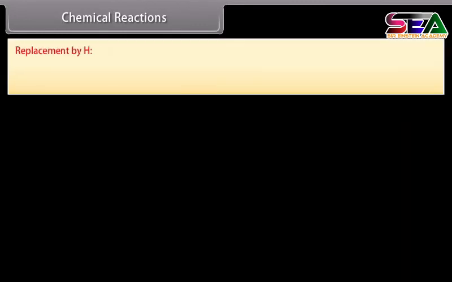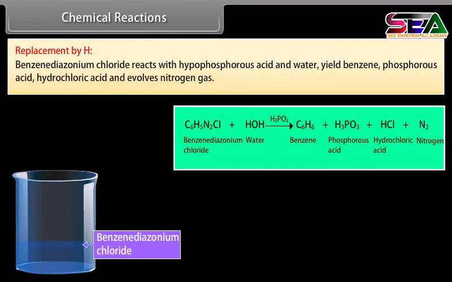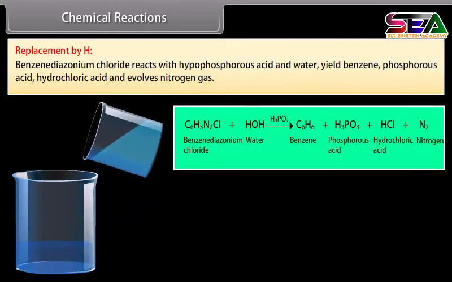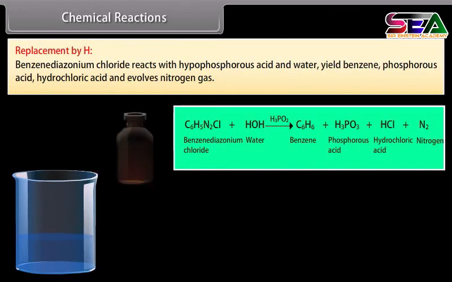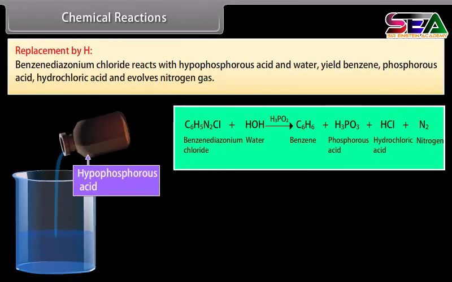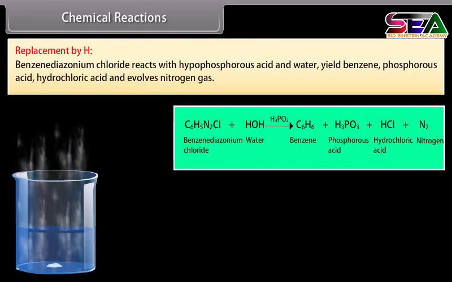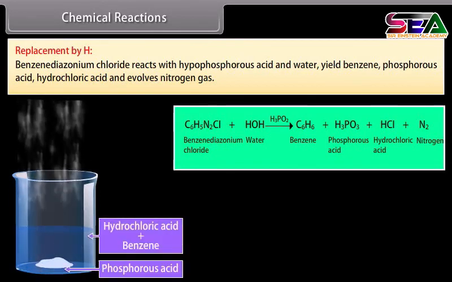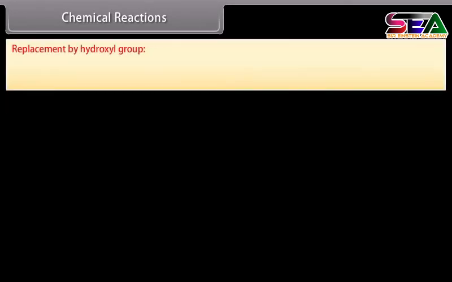Replacement by H. Benzene diazonium chloride reacts with hypophosphorous acid and water, yielding benzene, phosphorous acid, hydrochloric acid and evolves nitrogen gas. Replacement by hydroxyl group.